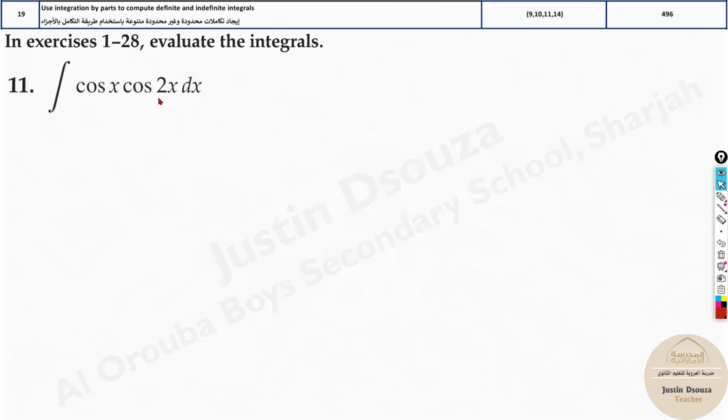Now here we have cos x cos 2x dx. This problem is similar to the previous one, but it's just that we have cos x, cos 2x. Now, which are you going to choose as u, which are you going to choose as dv? Will it make any difference? If you take cos 2x dx as dv and integrate, you're going to get v as 1 by 2 sine 2x.